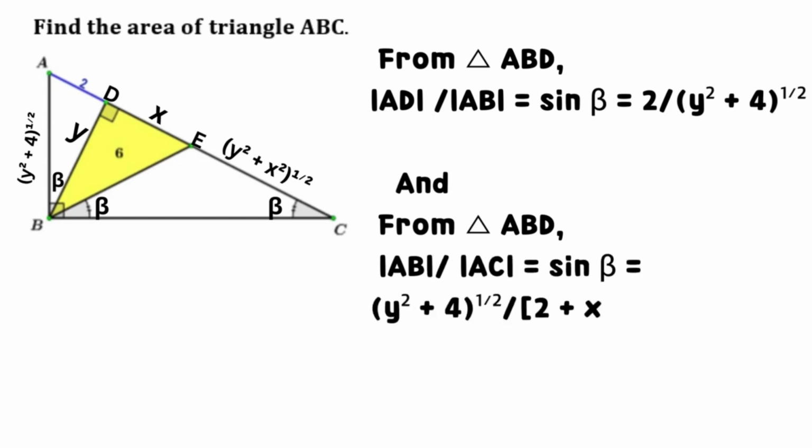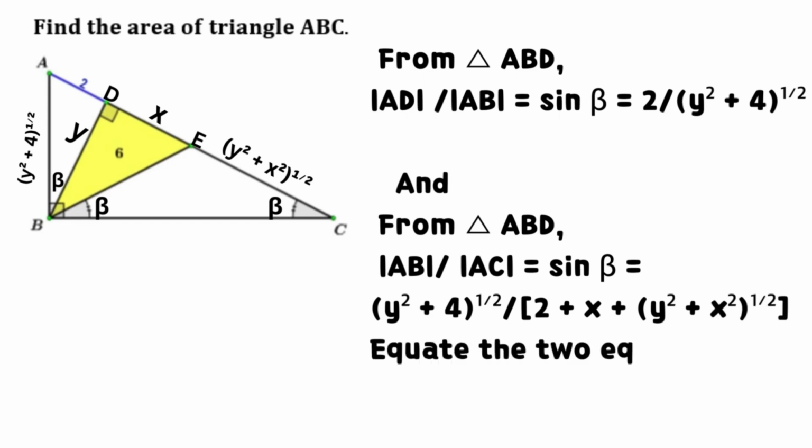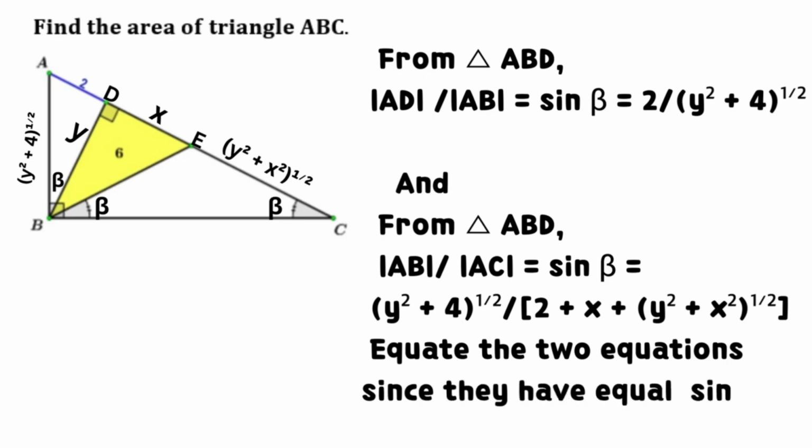From triangle ABD, AD divided by AB equals sine beta, which equals 2 divided by the square root of the sum of the square of y and 4. And from triangle DBE, we obtain two equations which are equal to sine beta as shown on the screen.